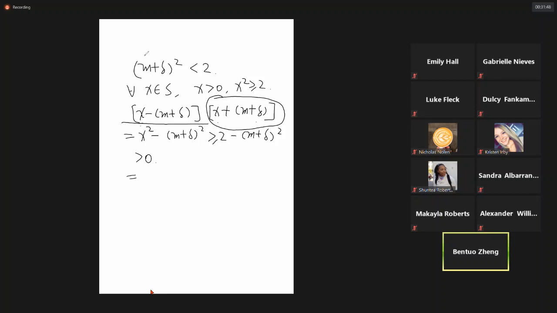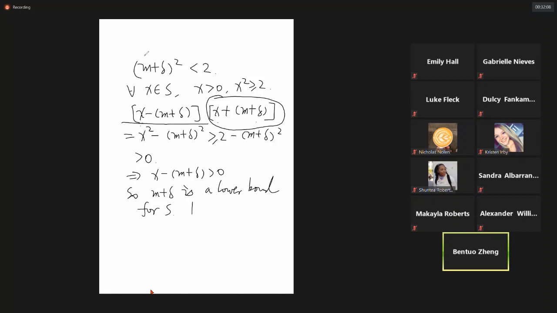This implies x minus m plus delta is greater than 0. So m plus delta is a lower bound for S.